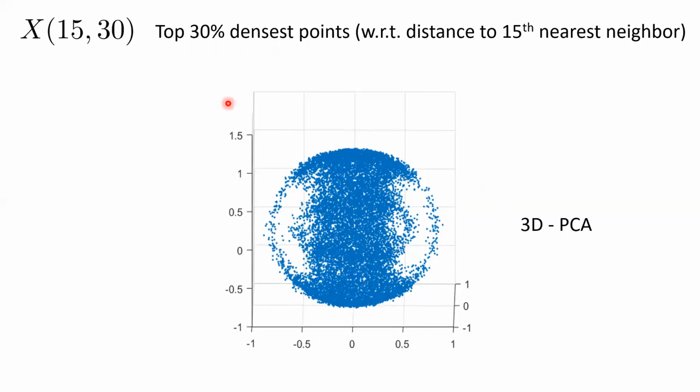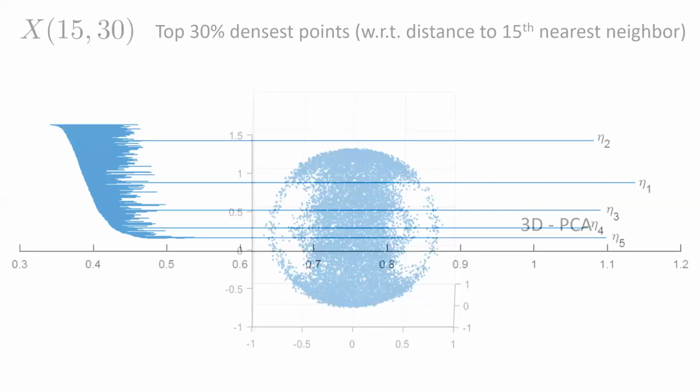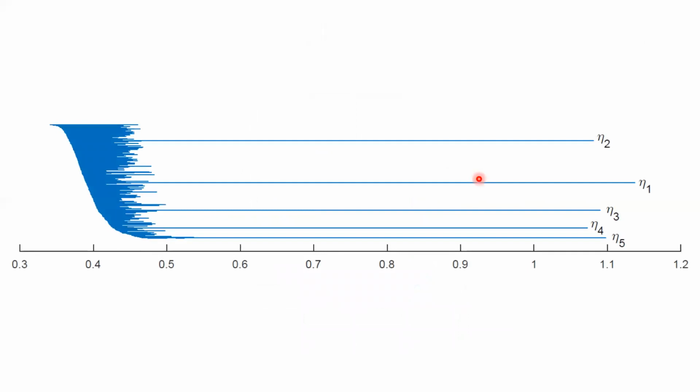Remember that the original data set, the entire set X, occupied the entire 7-dimensional sphere. But when you look at these dense regions, they start to have other types of structure. In particular, if you compute the persistent homology, the barcodes, it turns out there are 5 persistent bars in dimension 1, right? So there are 5 cyclical features in that data set.